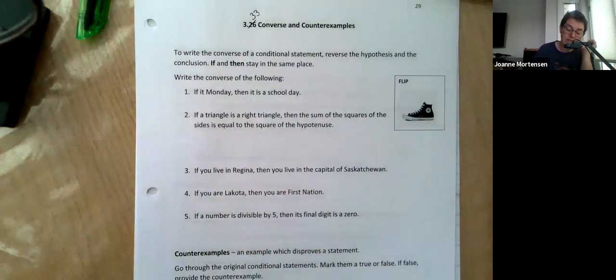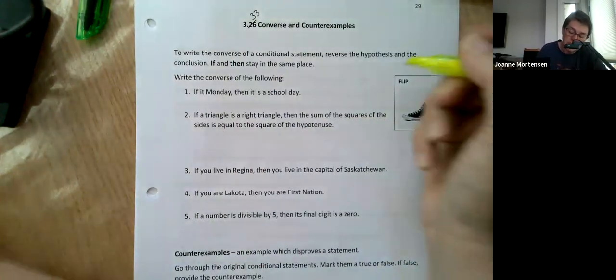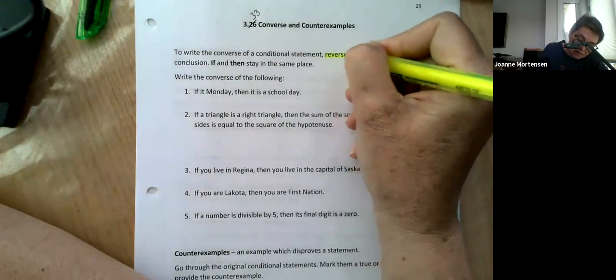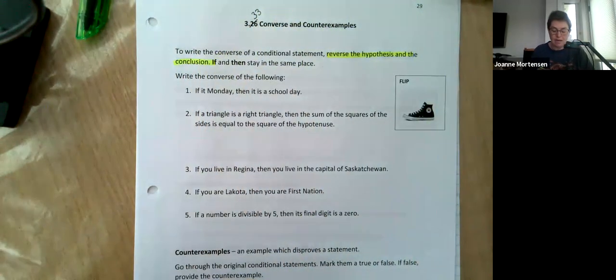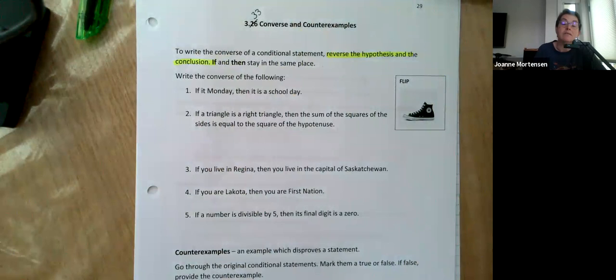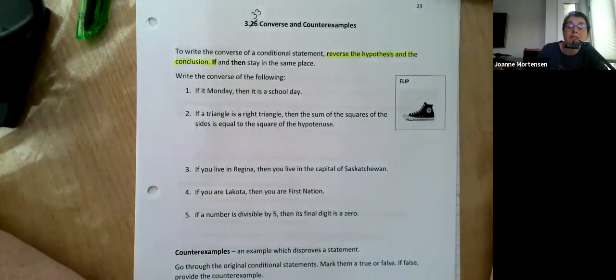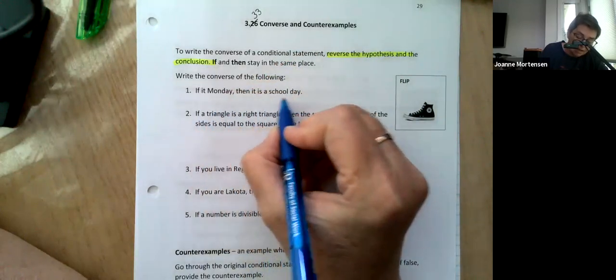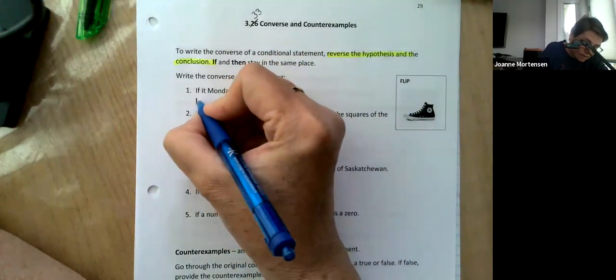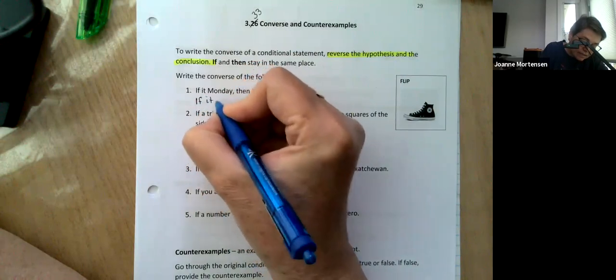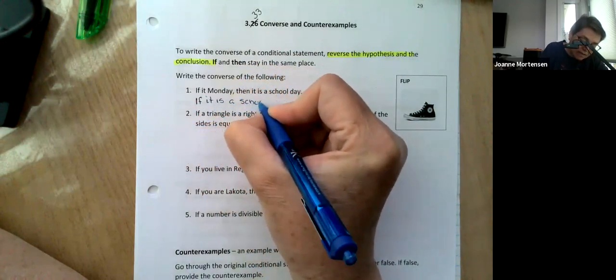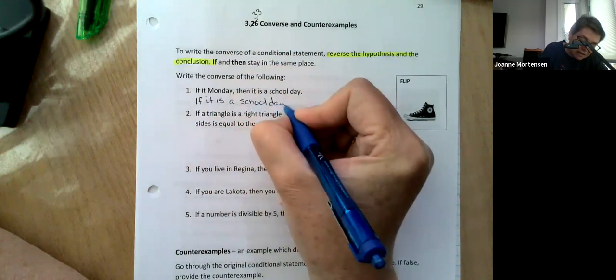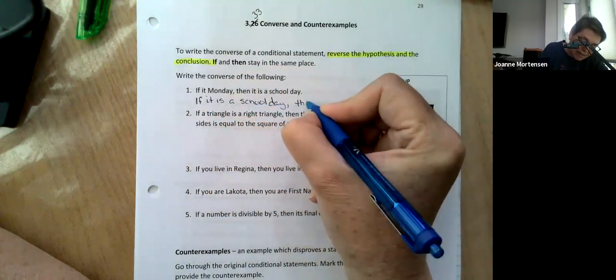To write the converse of a conditional statement, reverse the hypothesis and the conclusion. Remember the if and then are not part of the hypothesis and the conclusion, so they just stay where they belong. So if it is Monday, then it is a school day. So if it is a school day, then it is Monday.